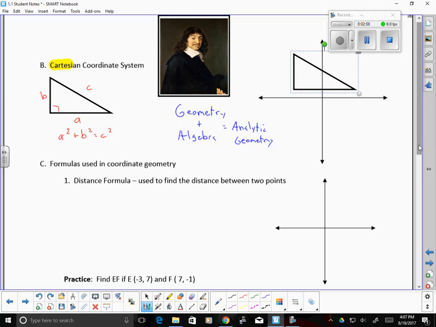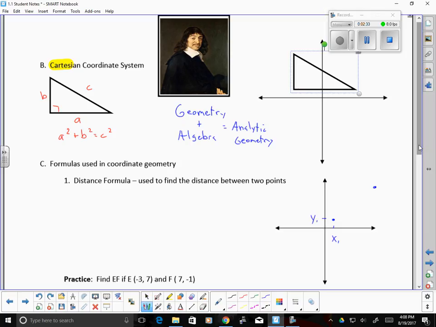Let's go ahead and review how we're going to do that. We know that a squared plus b squared equals c squared is our distance formula. Notice that if I've got a point and I want to know the distance from this point to a second point out here, this point is going to have coordinates x1 and y1.